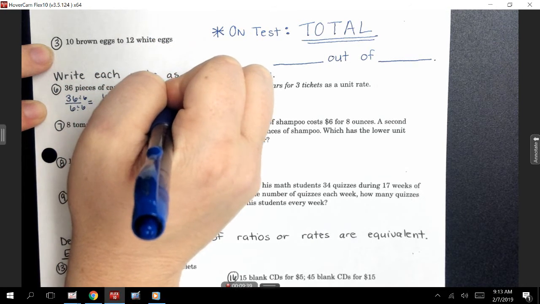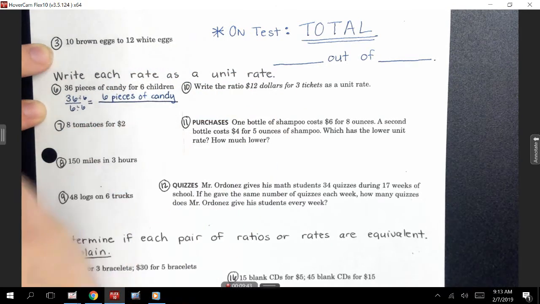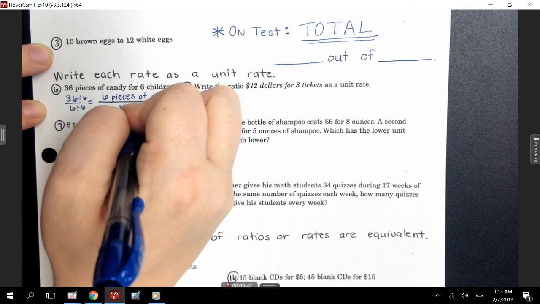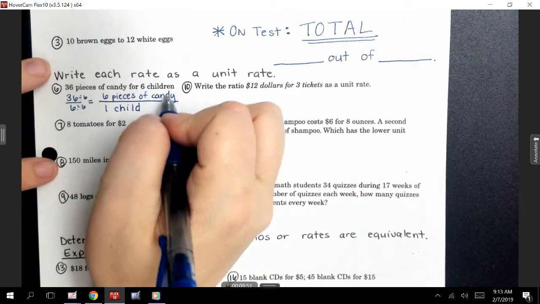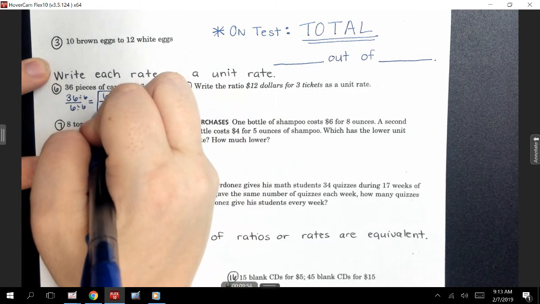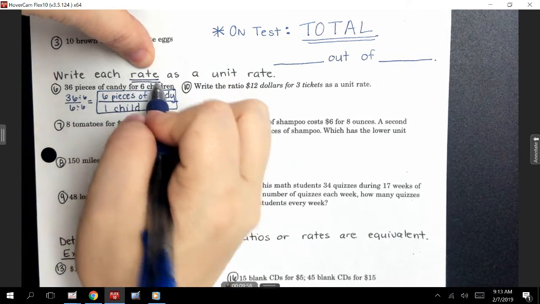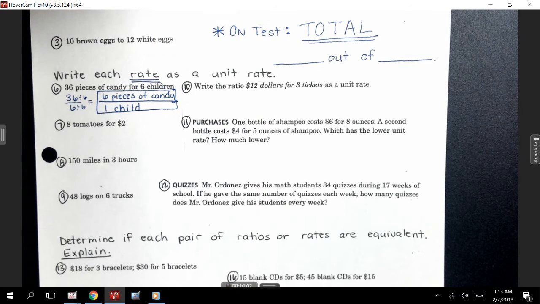Let's just write our fraction for now. 6 pieces of candy over 1 child. And you notice he didn't say children because 1 would just be a child. But we have 1 child here. Are we okay with that? So because this is a rate, we had to have my words. Are y'all okay with that? Guys, if I read those directions, does it say to explain it?